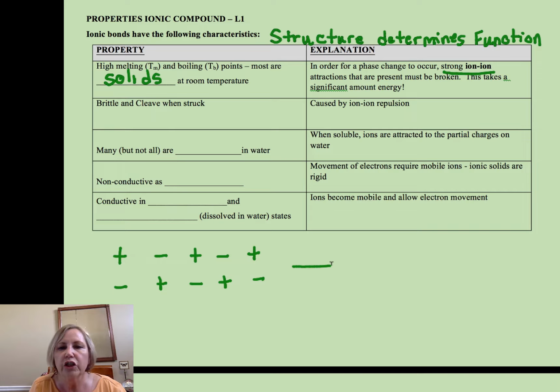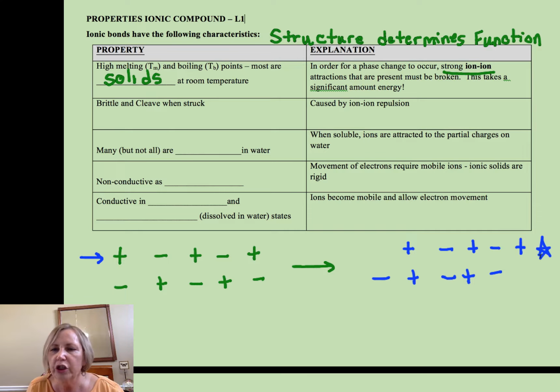Now, if I add stress, so if somehow I stress this, one of these layers is going to shift. And what I will end up with is I'll still have my negative, positive, negative, positive, negative, but now because of the stress, I'll have a positive, a negative, a positive, a negative, and a positive.